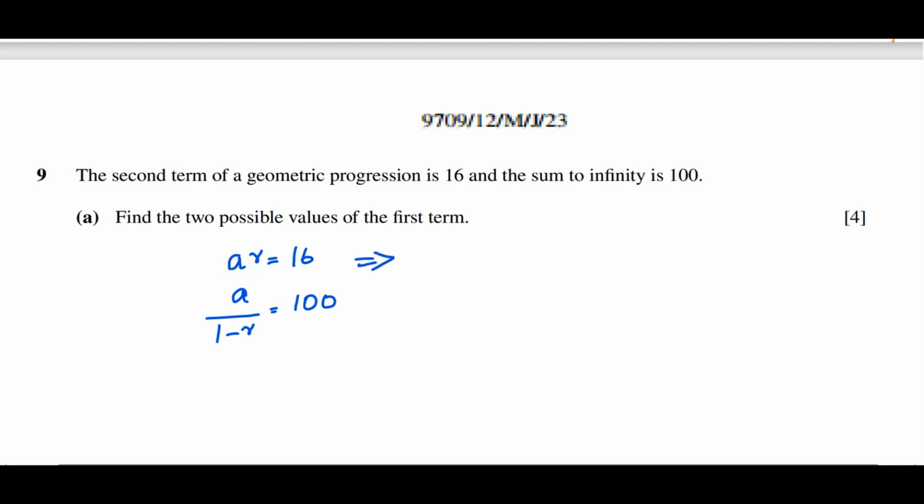From this, we will take the value of A as 16 divided by R. Let us substitute that here. 16 divided by R divided by 1 minus R equal to 100.